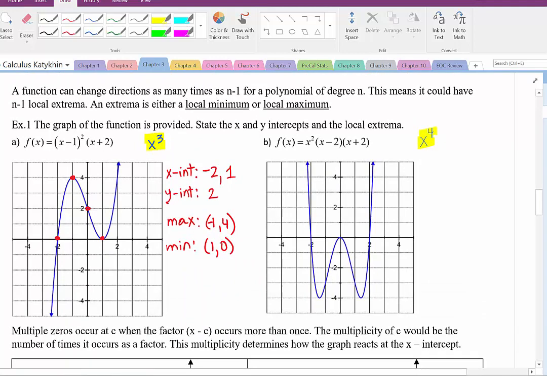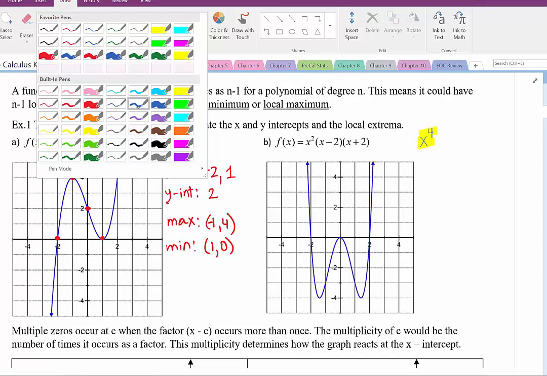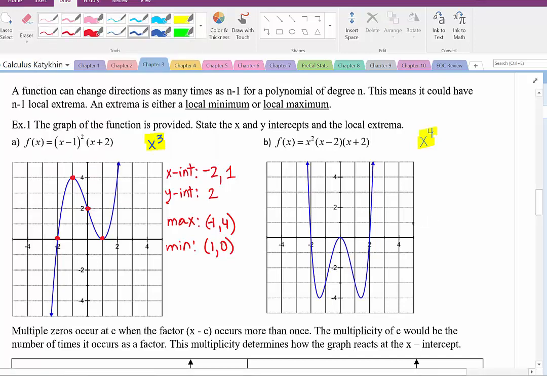Now they do want us to go ahead and identify the x-intercepts and the y-intercepts, and then the maximum and the minimums. So let's start with the x-intercepts. My x-intercepts are going to be here, there, and there.